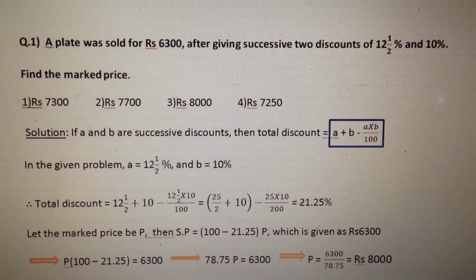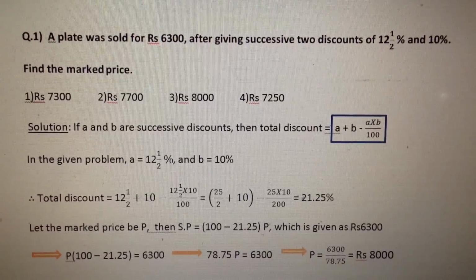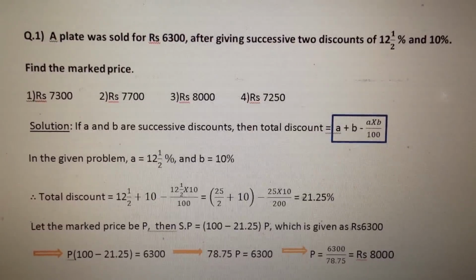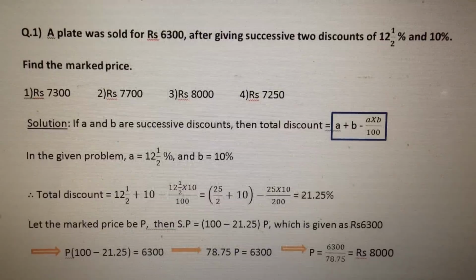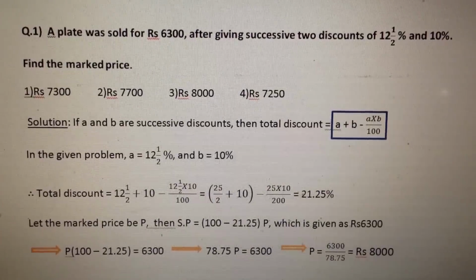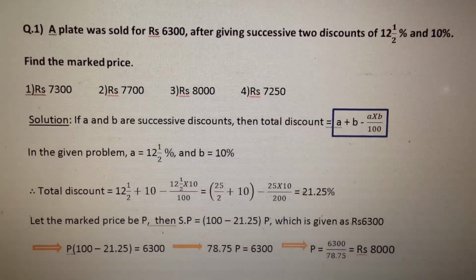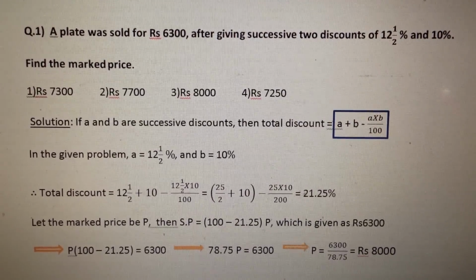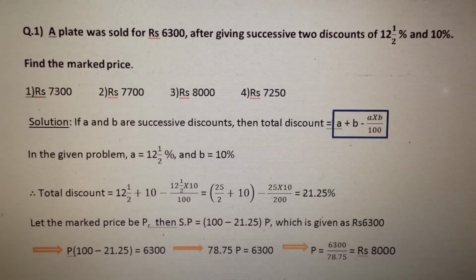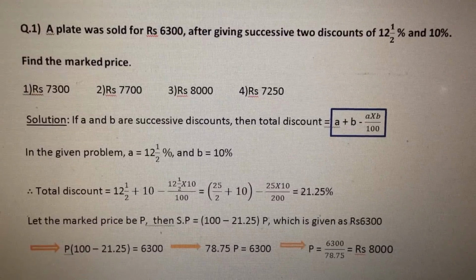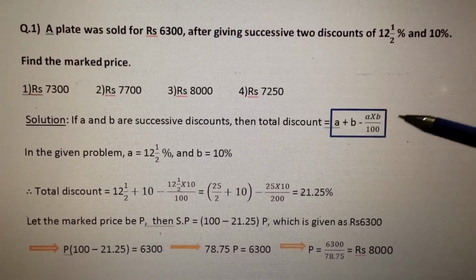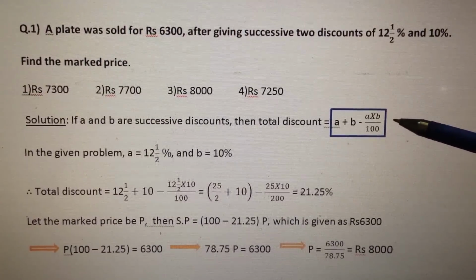First question. A plate was sold for Rs 6,300 after giving successive discounts of 12.5% and 10%. Find the market price. Here is the solution. Now we know that if A and B are successive discounts, then the total discount is given by the formula A plus B minus A into B by 100.